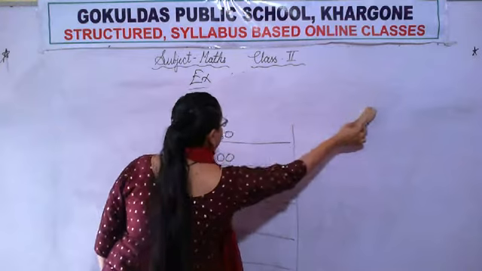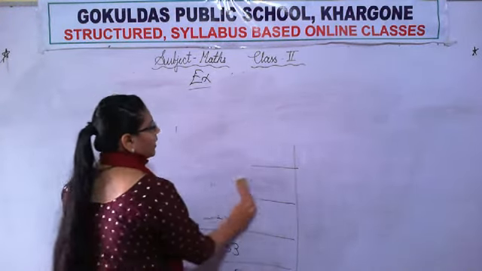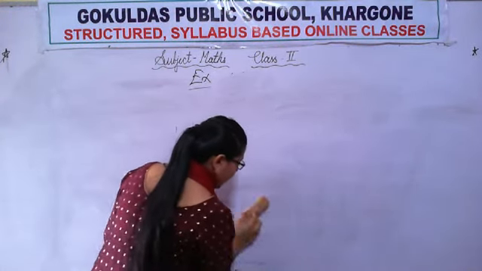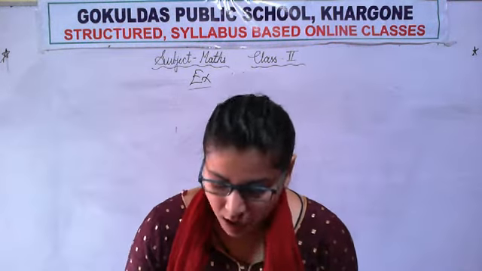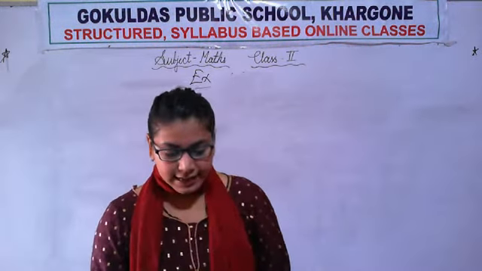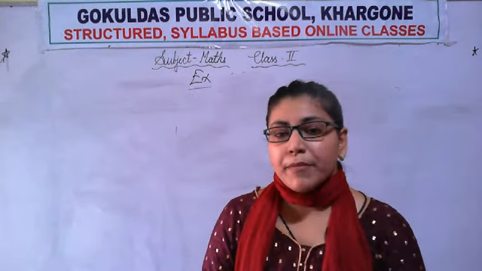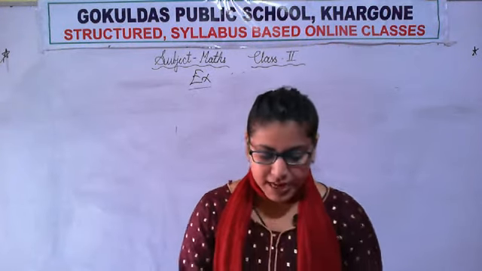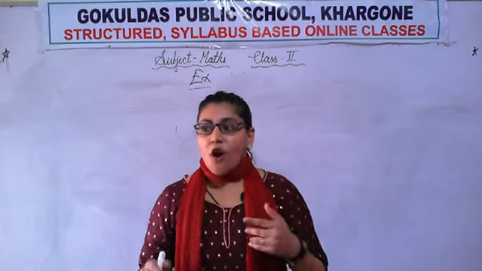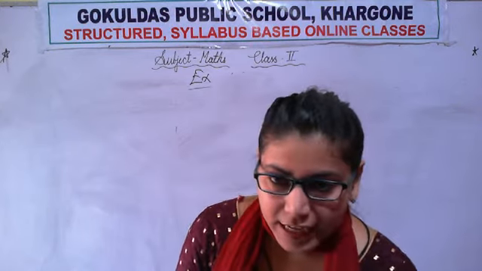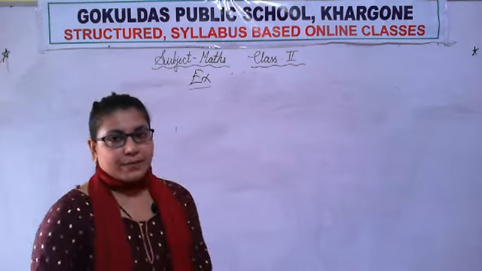With this we have covered all the topics of our chapter number 1, which was numbers up to 999. So remember the activity which I have told you. Now let us have a quick revision of whatever we have done in chapter number 1.